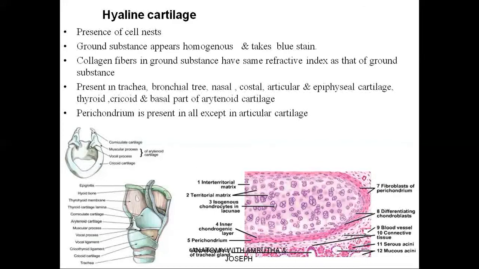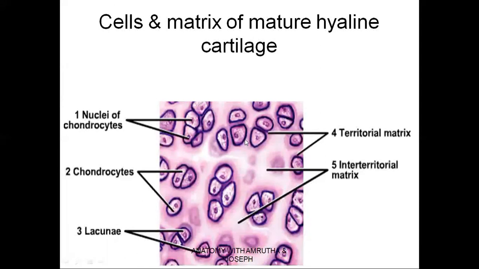Perichondrium is present in the hyaline cartilage, excepting in articular cartilage, because articular cartilage is also a hyaline cartilage, but its perichondrium is absent. Otherwise, hyaline cartilage has perichondrium. This is how the cell looks.